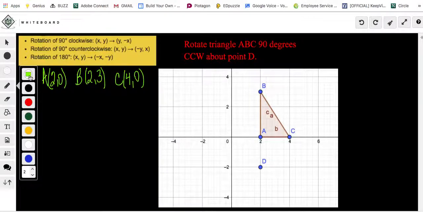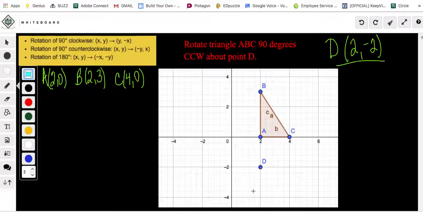Okay, so the next thing we have to do is change. Oh, sorry, we need to know what point D is too, right? So point D, that's what we're rotating around. So point D is 2, comma negative 2. This is important because we're going to be using this 2, comma negative 2 to find our new coordinates.